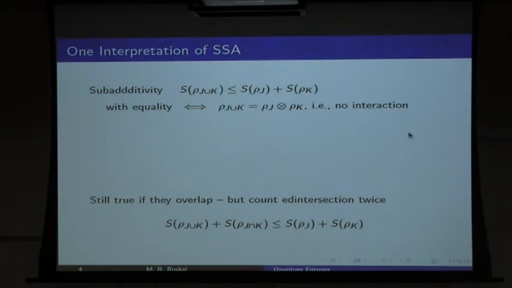Equality holds when they don't interact. Then you can ask, what if they overlap? Then if they overlap, I've counted the intersection twice, once with J and once with K, and strong subadditivity says you can subtract the overlap, only count it once, and it's still true.